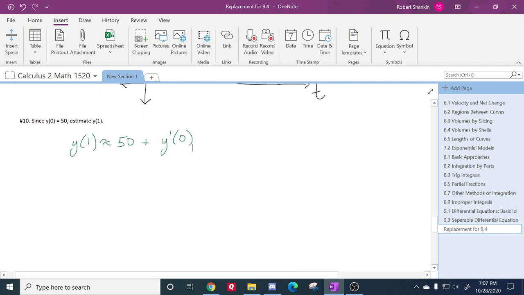Y prime of 0 is the change in y when t increases by 1.